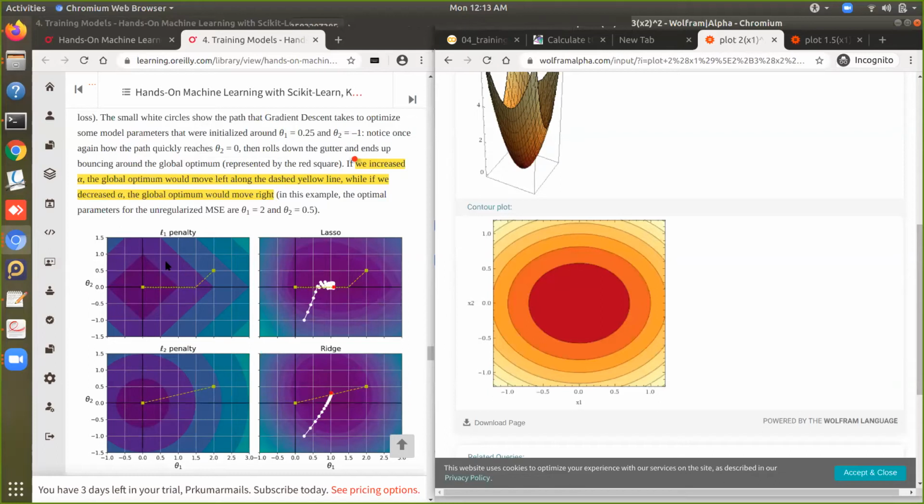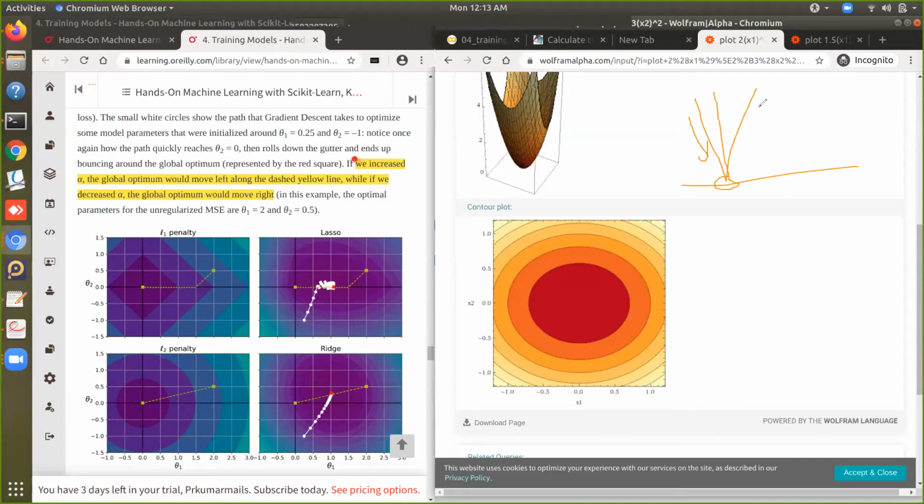Since this is the L1 norm, our modulus function diagram will be like a letter V shape, and at the end point we don't have the differentiation, so let's ignore that for some time. The steps it takes are exact steps because of the slope.